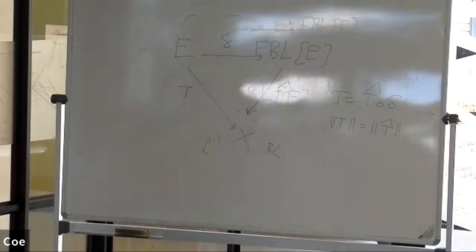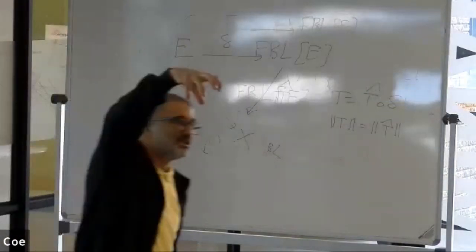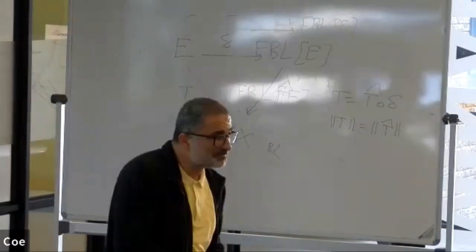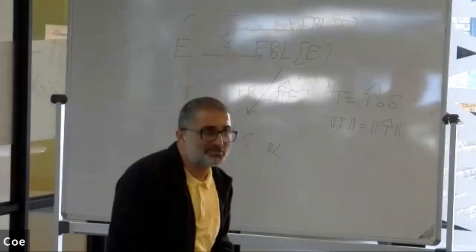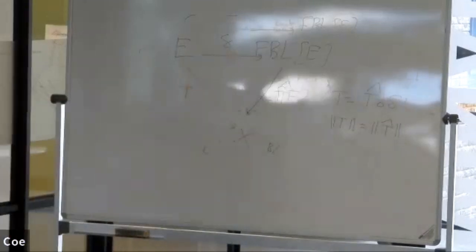So you can forget about the norm for the beginning. We have just a space which contains E equipped with some norm.